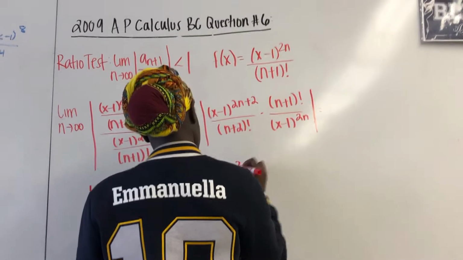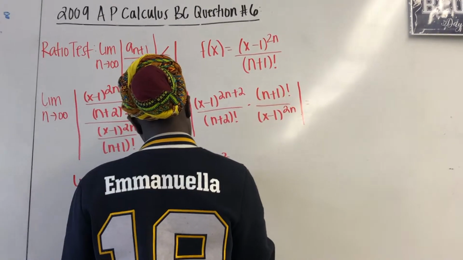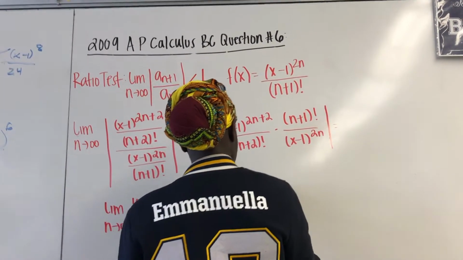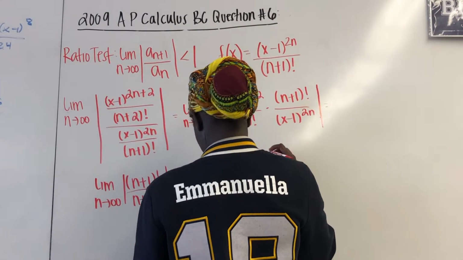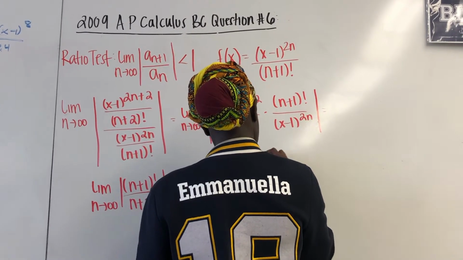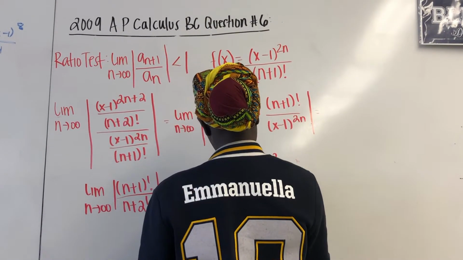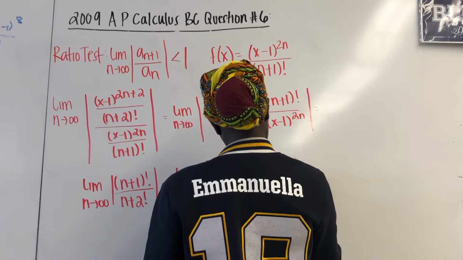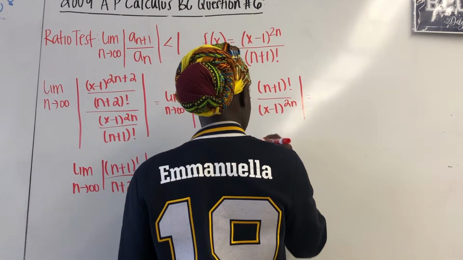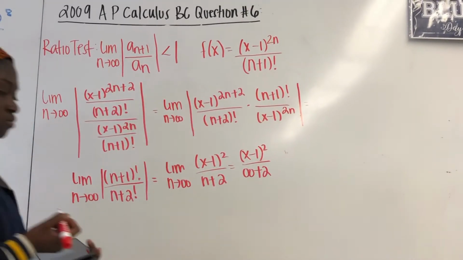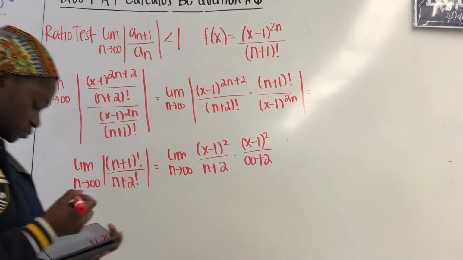This equals the limit as n approaches infinity of (n plus 1) factorial over (n plus 2) factorial times (x minus 1) squared.